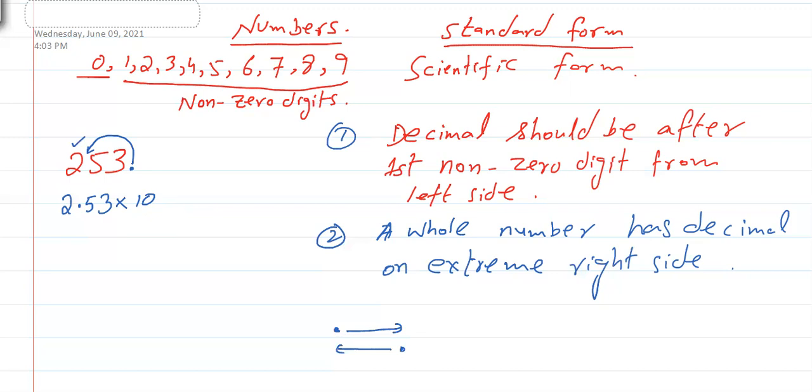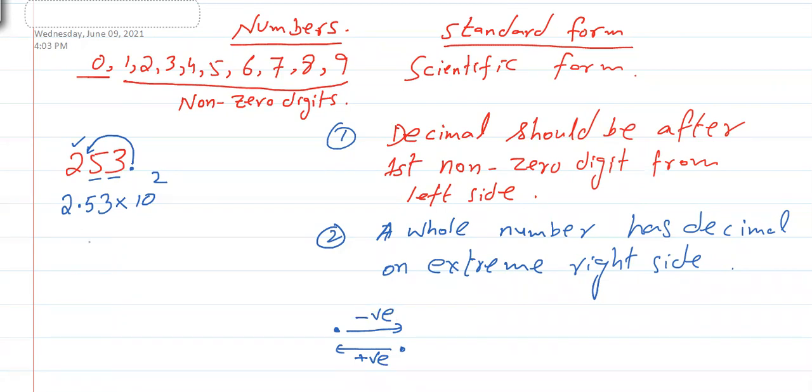How many digits did I shift? I shifted 2 digits, 1, 2. So I will write 10 to the power 2. Whenever we shift the decimal from right to left, the power of 10 will be positive. And whenever we shift the decimal from left to right, the power of 10 will be negative.